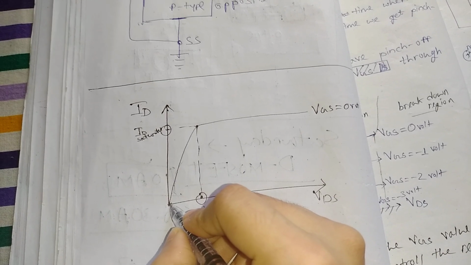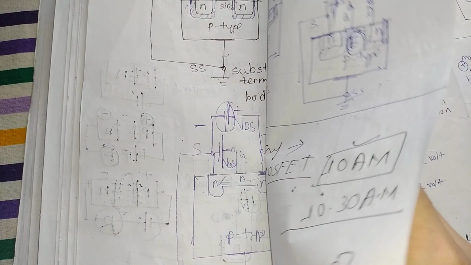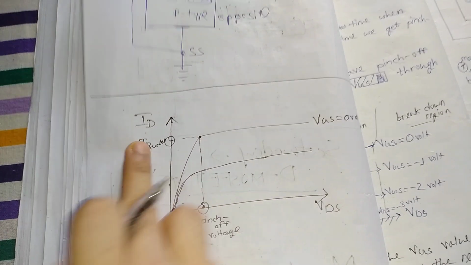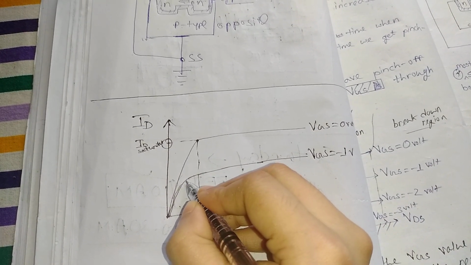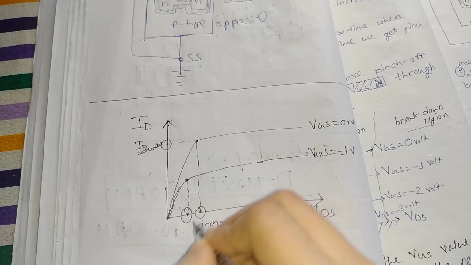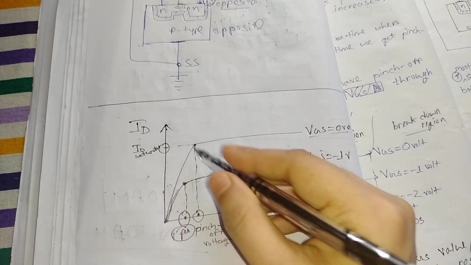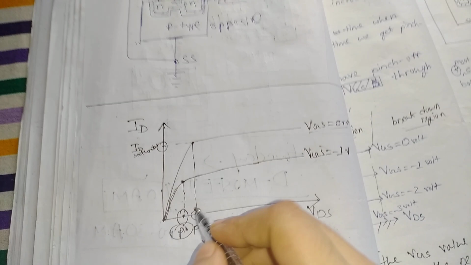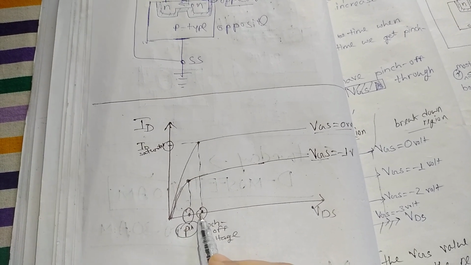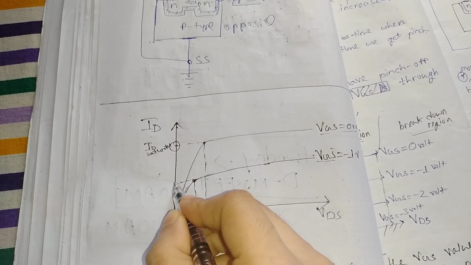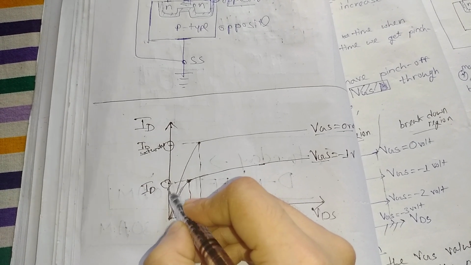But when we apply VGS equal to minus 1 volt, we get the pinch off voltage earlier than when VGS equals 0, and ID is also saturated before that point. ID gets saturated so quickly.